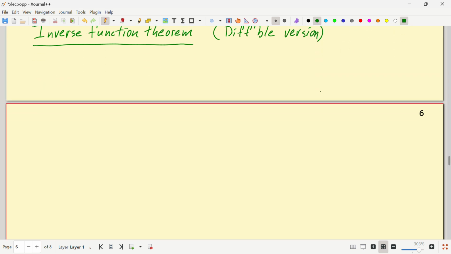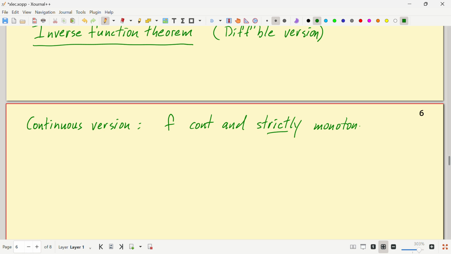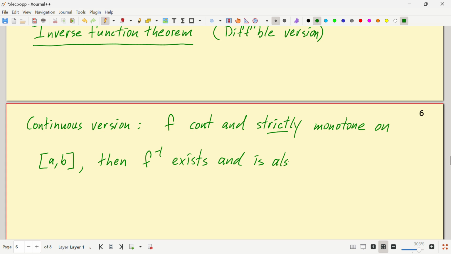But remember what the continuous version was. F continuous and strictly monotone on AB, then the inverse exists and is also continuous and strictly monotone.